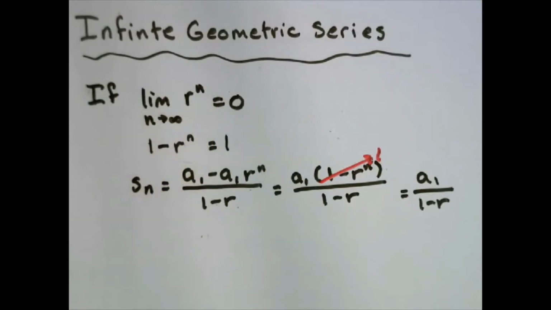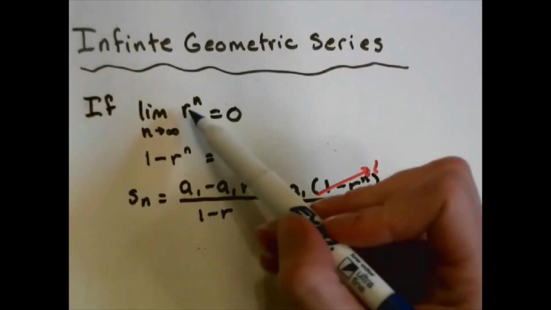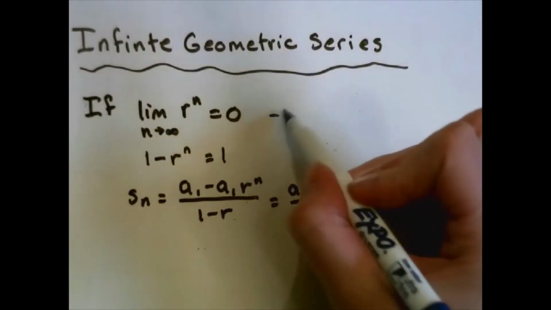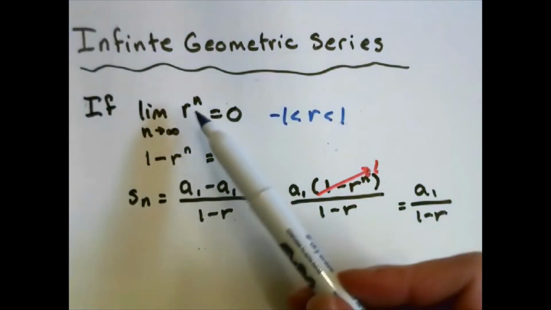So let's talk about how this is going to happen. We're taking the common ratio, we're raising it to an infinite power, and it equals 0. Well, that's going to happen if my ratio is something in between -1 and 1. We talked about limits here earlier in the lesson.